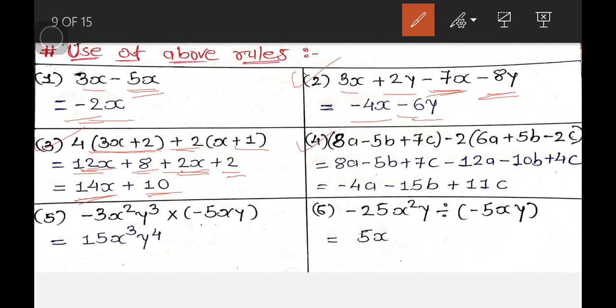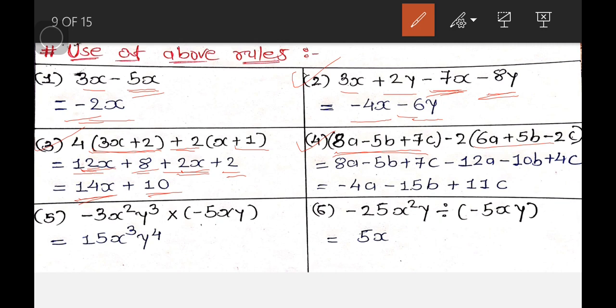Example number 4, 8a minus 5b plus 7c minus 2 into bracket 6a plus 5b minus 2c. Here the first bracket does not have any multiplier, so we remove the bracket, and we put 8a minus 5b plus 7c.